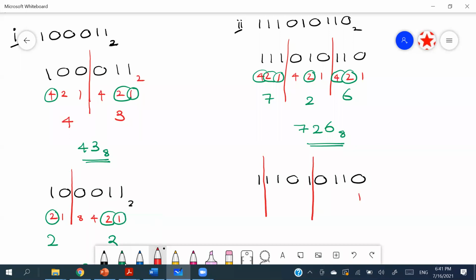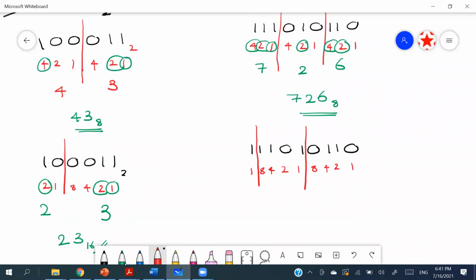The place values are going to be 1 2 4 8 and 1 2 4 8, and this is 1. In this group, 2 and 4 give 6.